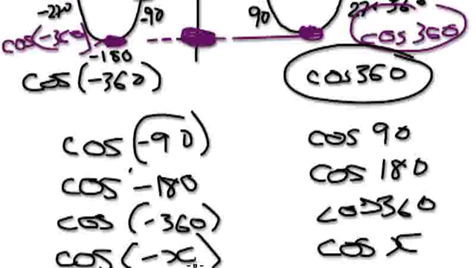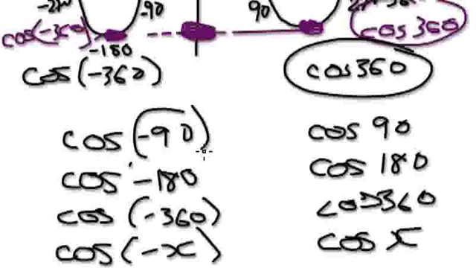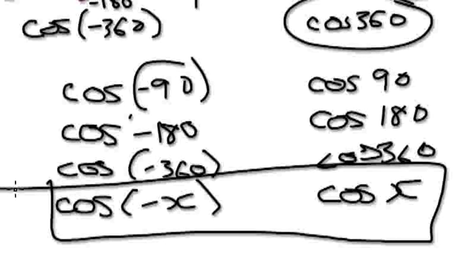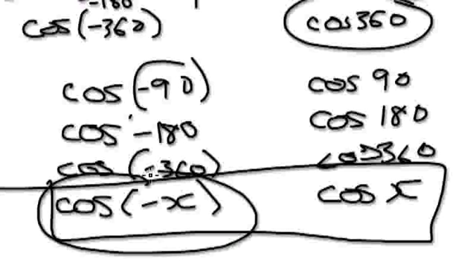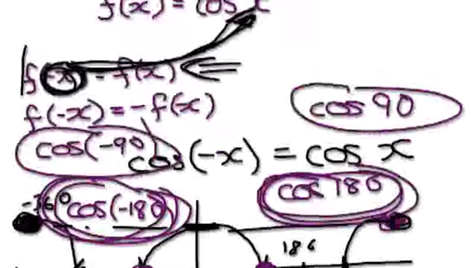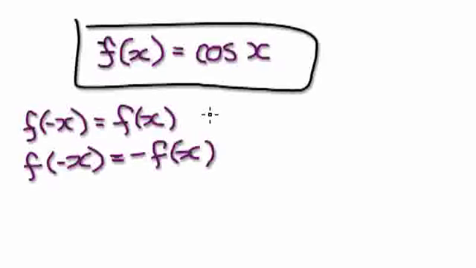When you don't understand something, you can draw a picture and use a bit of reasoning to get to your destination. So cosine of minus x is pretty much the same as cosine of x. The overall answer is yes, this function is an even function.